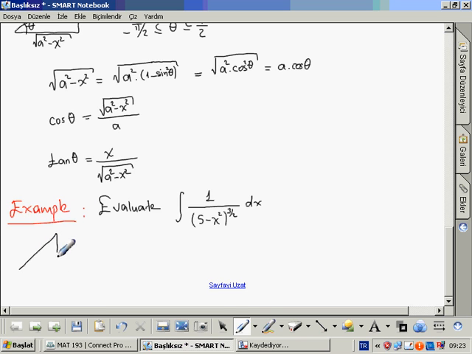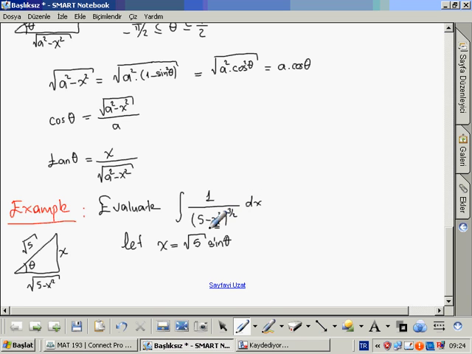First, sketch the right triangle, and that is theta, and this part is the square root of 5 minus x square, and this part is x, so here will be the square root of 5, and let x equal the square root of 5 times sine theta. That means sine theta equals x over the square root of 5.